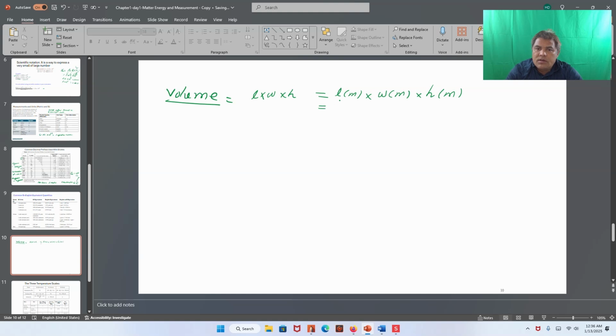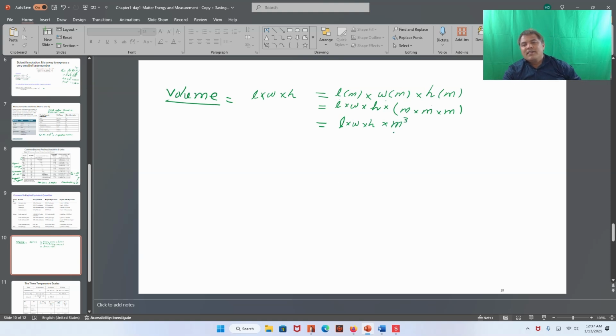So this can be written as length times width times height, times meter times meter times meter, right? And that is equal to length times width times height times meter cube.